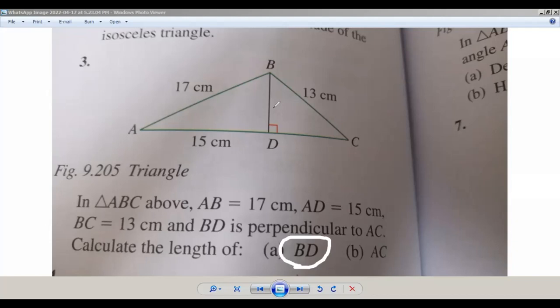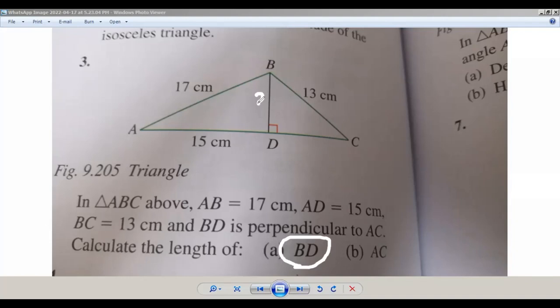Yes, sir. The 17 and 15 I gave you a while ago. So you work out BD, which is a short side, and you're good.